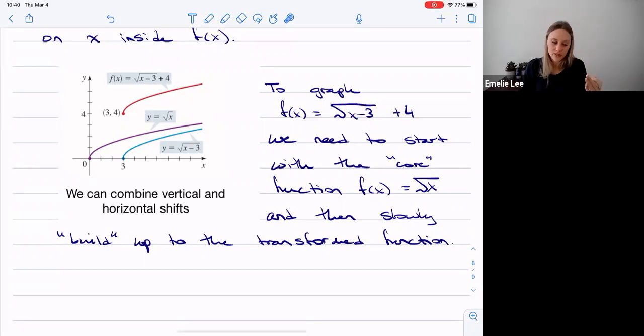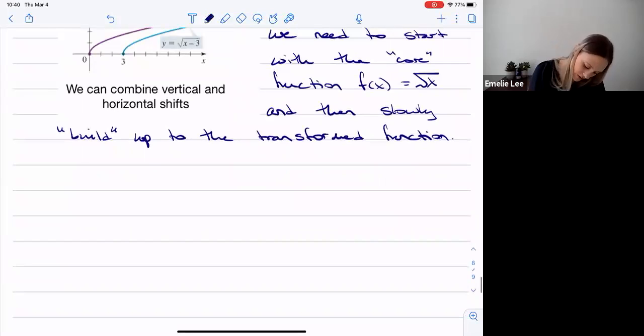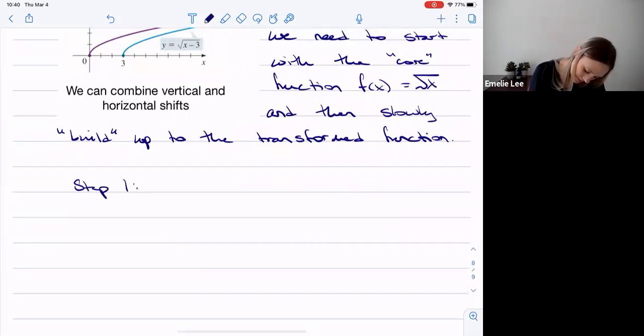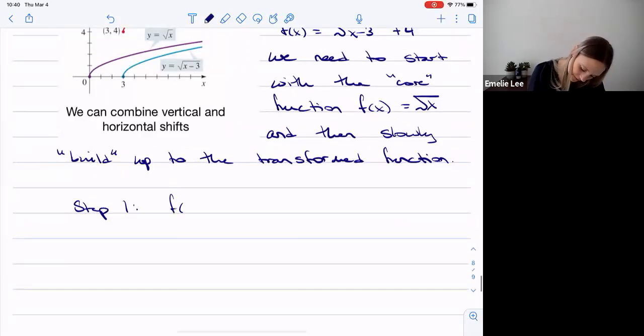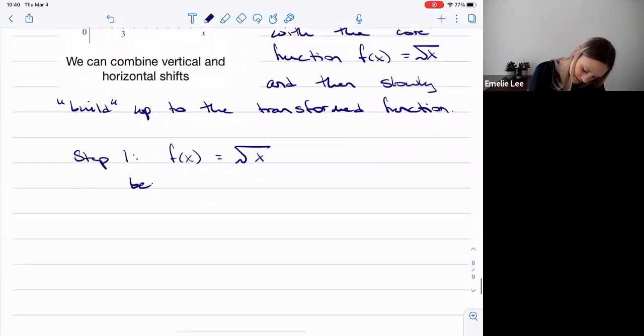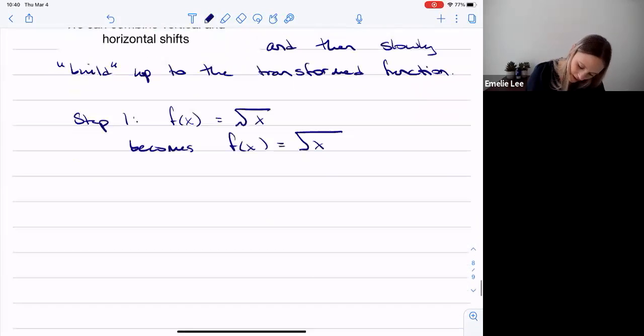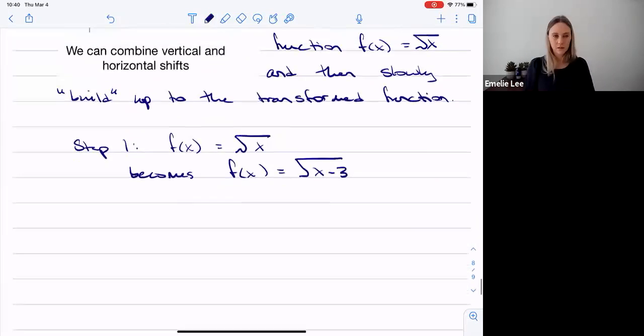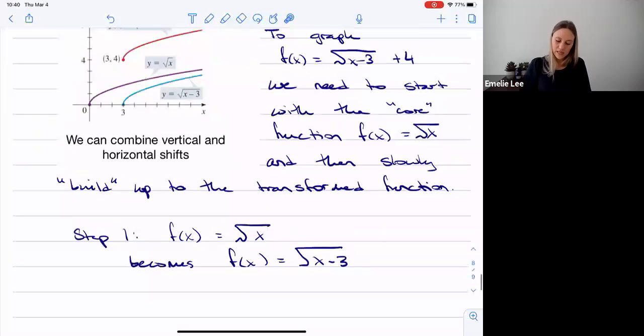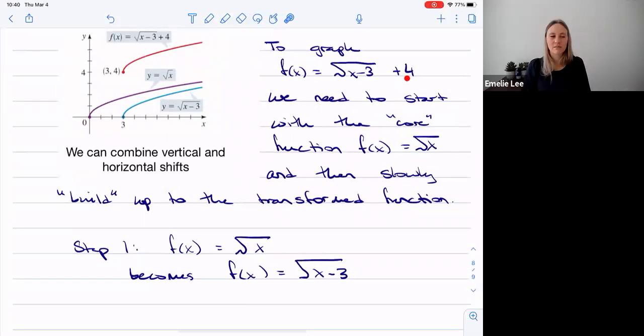My first step, step 1, is that f of x equals the root of x becomes f of x equals the root of x minus 3. Because I can't just do plus 4. I mean, in this case I can, the order doesn't matter, but in the future it's going to be important that we build up from the inside.